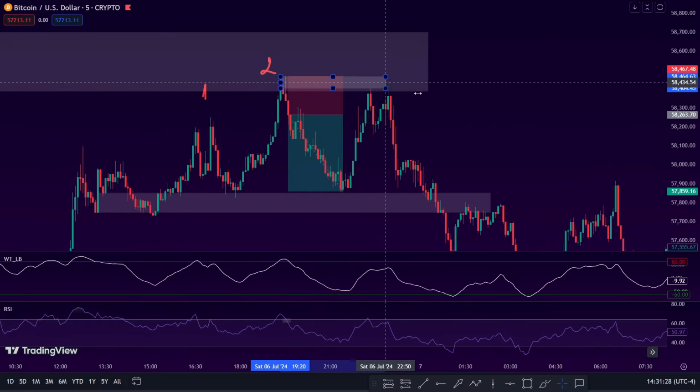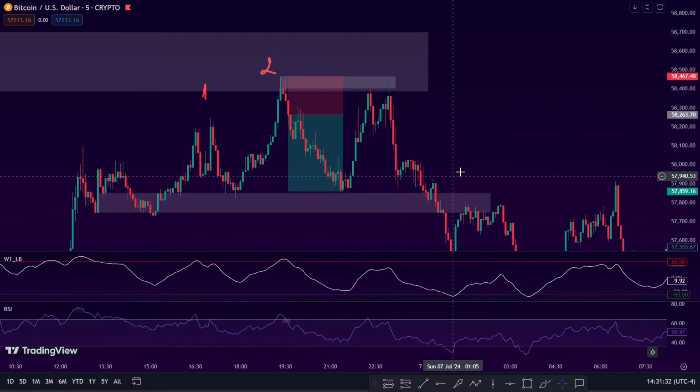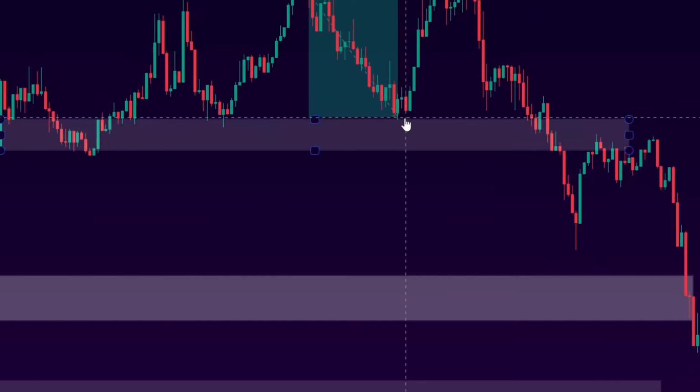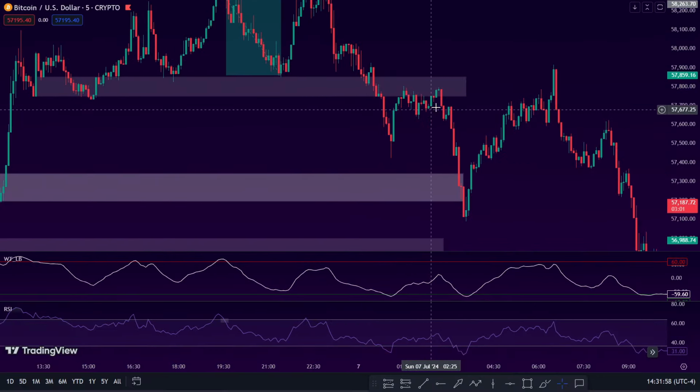We have a resistance zone here, but the indicator didn't give an opportunity to enter. As you see here, the old support zone turns into resistance, but the indicators don't give us any signal to enter.